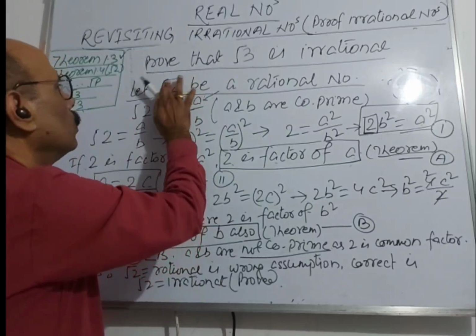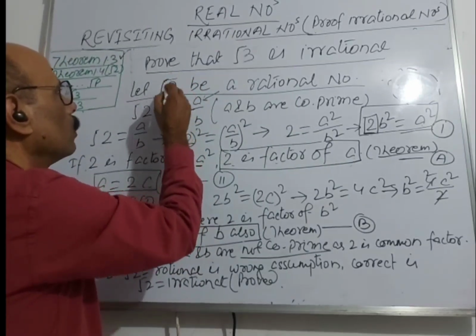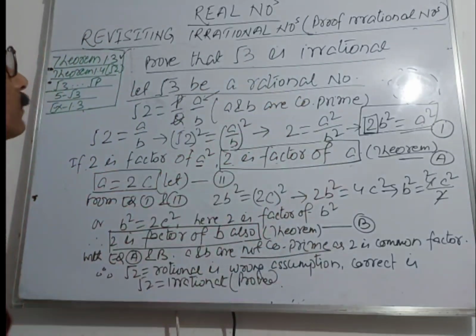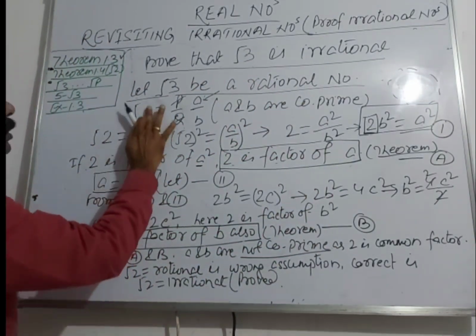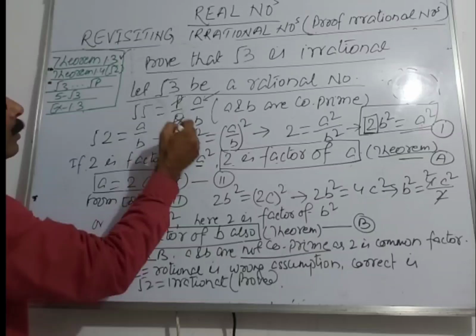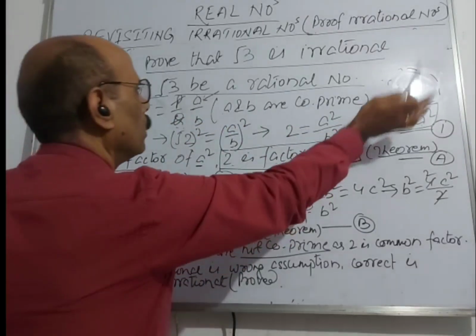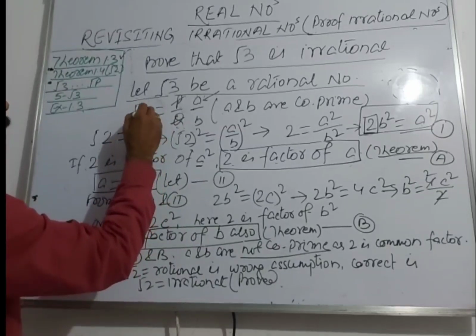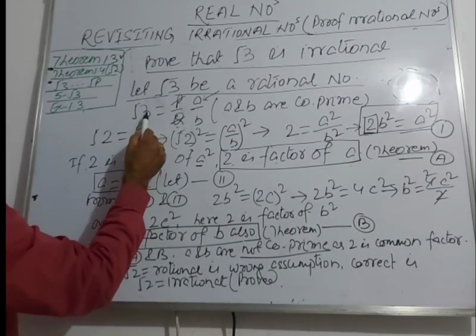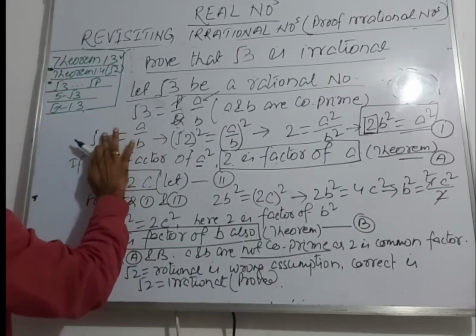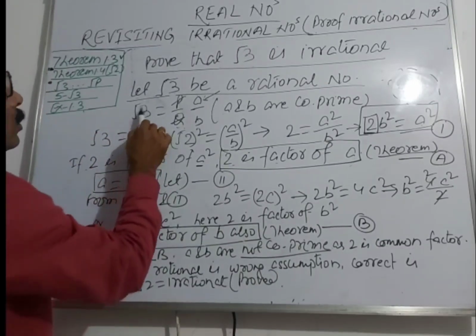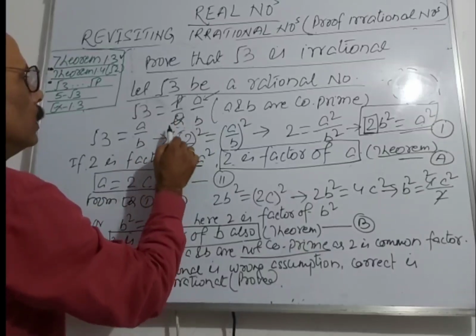Again, let root 3 be a rational number. So root 3 is equal to P by Q, or A by B, with A and B co-prime, same. Everywhere in place of root 2 we have to write root 3. Root 3 is equal to A by B.